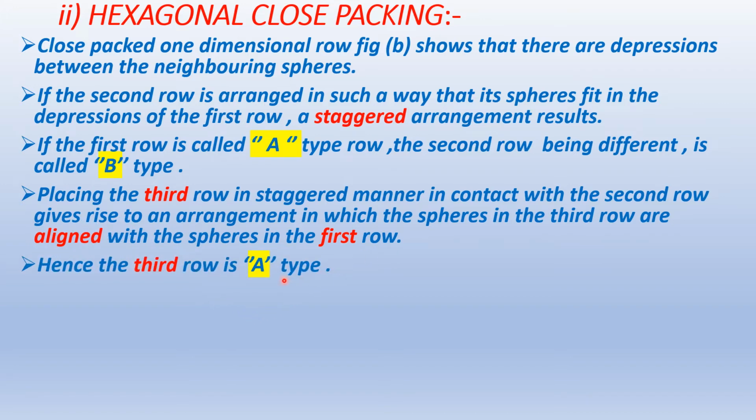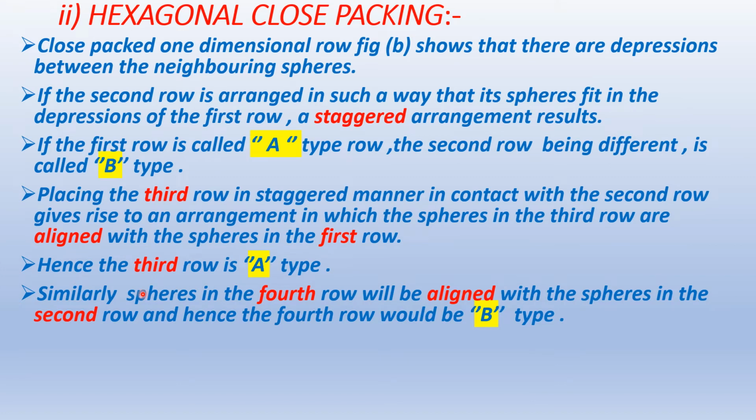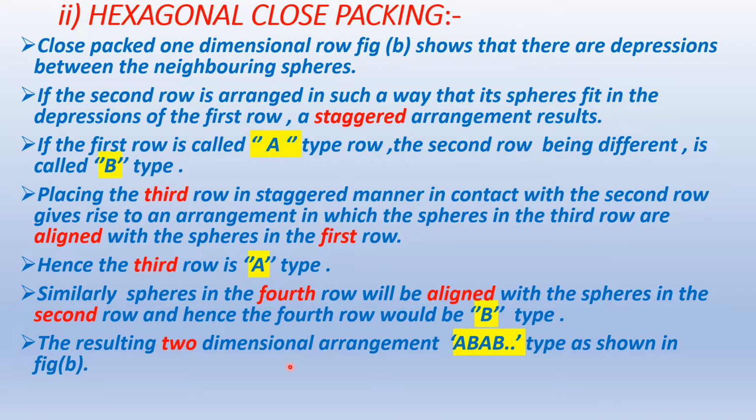Hence, the third row is the same as A type. Similarly, the spheres in the fourth row will be aligned with the spheres in the second row, and hence the fourth row will be the same as B type. The resulting two-dimensional arrangement is A type, B type, as shown in the figures.